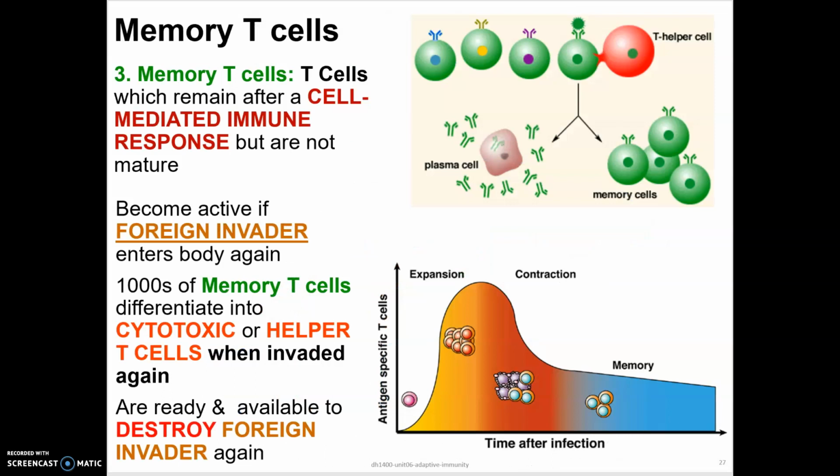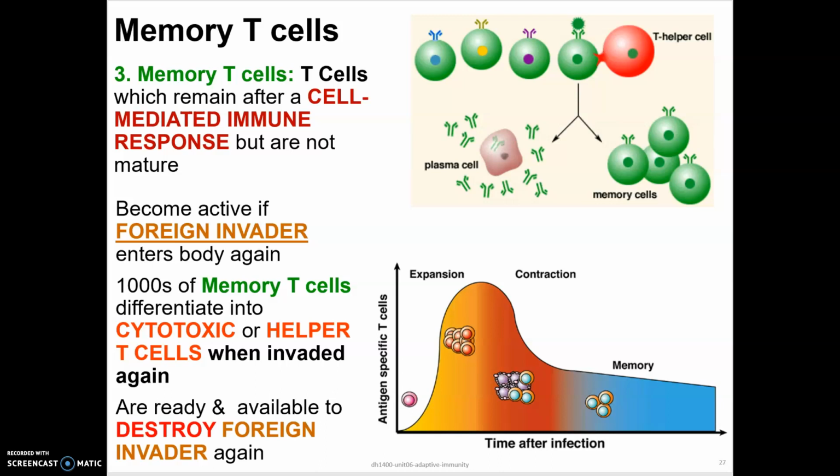So our memory T cells are quite important. They do a wonderful thing in that they protect us in the long run. After we've been sick, after we fought an infection, we have these memory T cells that stick around in our bloodstream. Okay, so they stay put, and they have those recognition sites for that pathogen.